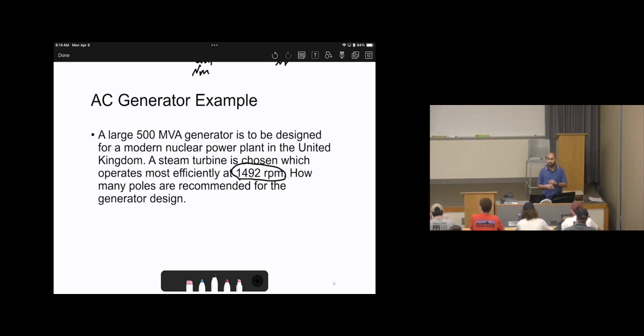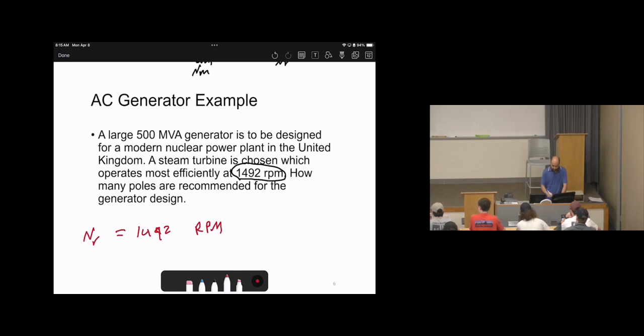How can we solve this thing, or which formula do we need to use? We have the speed given, 1492 RPM. Now, is this synchronous speed or actual speed or electrical speed? What do you think? This is the mechanical, which is the actual speed.